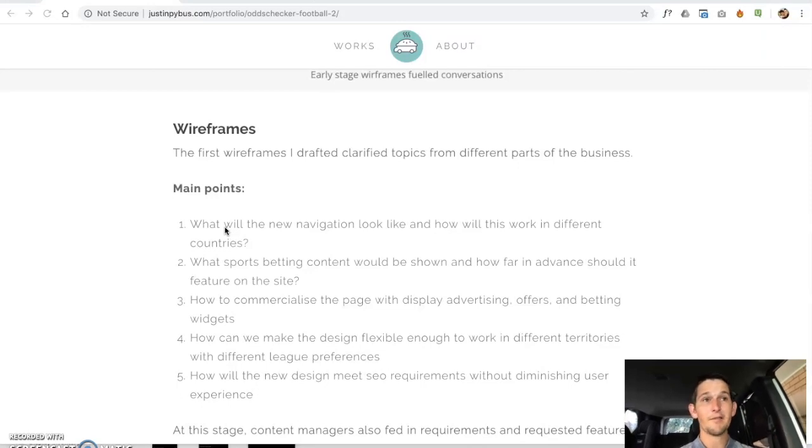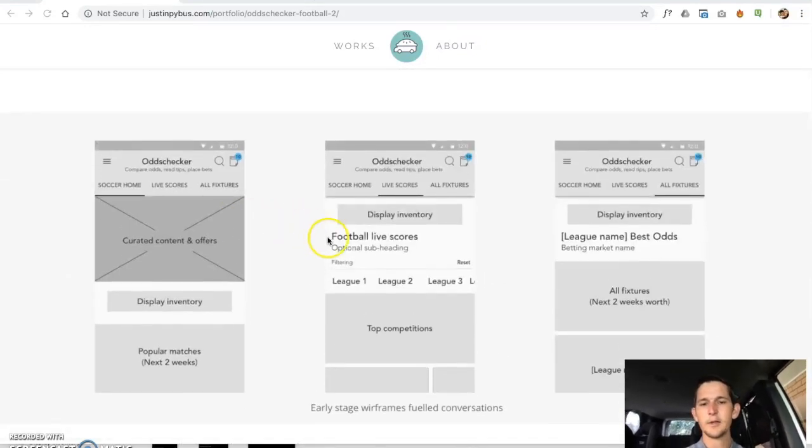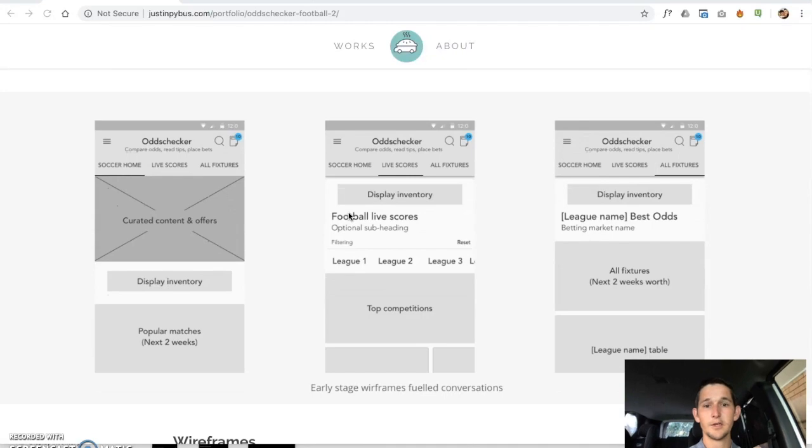Five vastly different cultures and languages, each with their own demands in terms of word length, how users might consume the content. We had these wireframes, but as you can see, they're in English. But we really had to start to think about how title lengths might work, and how the whole system would work in a different language and in a different culture.